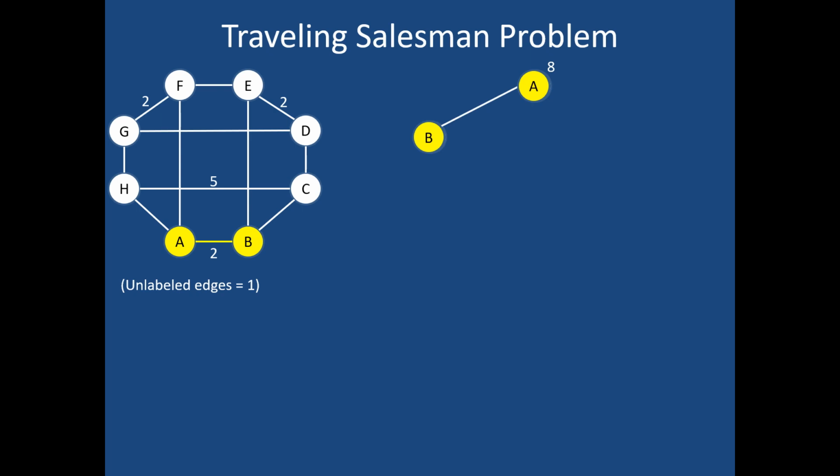Then we go to B. So now our estimate is going to be this 2 plus 1 to get out, 1 to get out, and then the minimum spanning tree of those 6 vertices. What's the minimum spanning tree of those 6 vertices? It's the cheapest way to hook all of them up. I've got an 8.